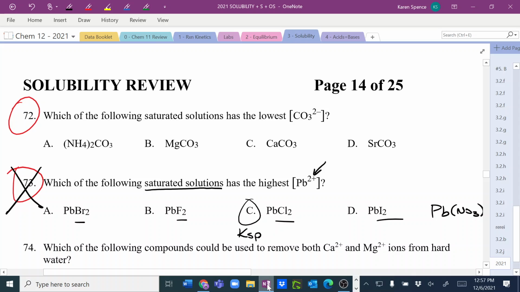Which of the following saturated solutions has the lowest concentration of carbonate? Well, let's go look up carbonate. Which one can we automatically get rid of?